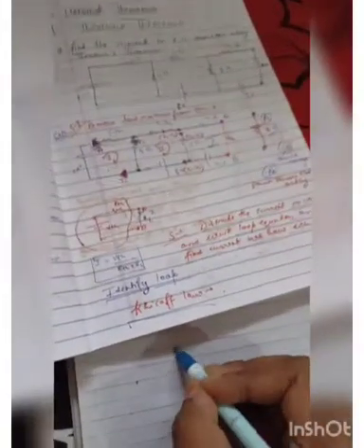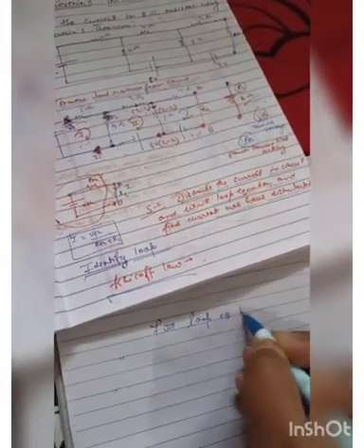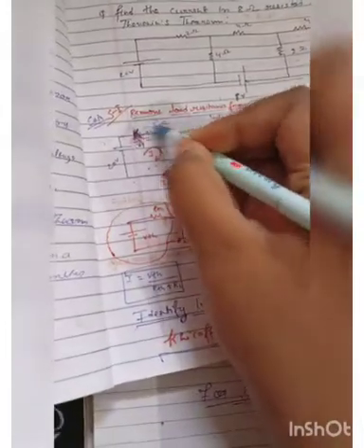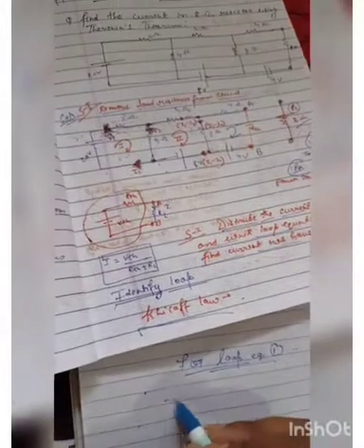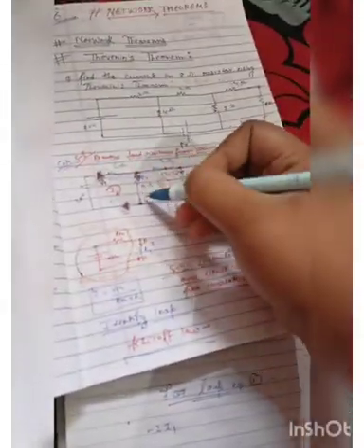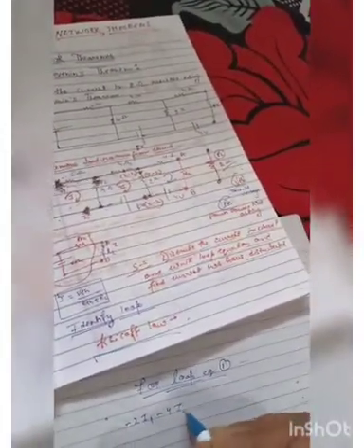For loop equation 1, the current I1 is flowing in the same direction as the 2 ohm resistance, so we get minus 2 I1. The same current I2 is flowing in the same direction as the resistance 4, so we get minus 4 times I2.